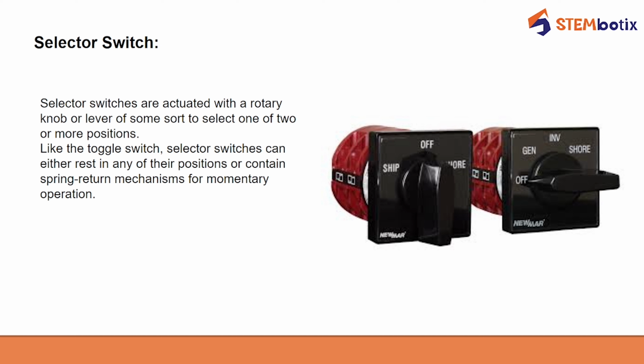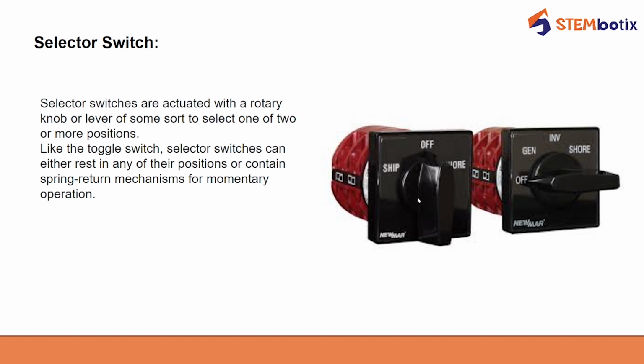Then the selector switch. As the name suggests, a selector switch means you can select one position from many positions. Selector switches are actuated with a rotary knob or lever. As you can see here, this selector switch has three different modes. First is shift, then off, and then sure.